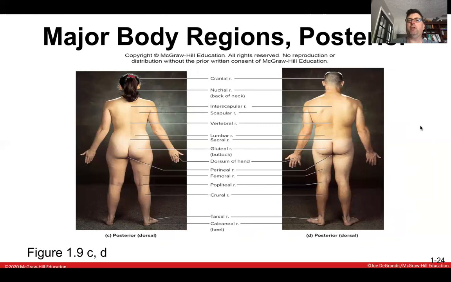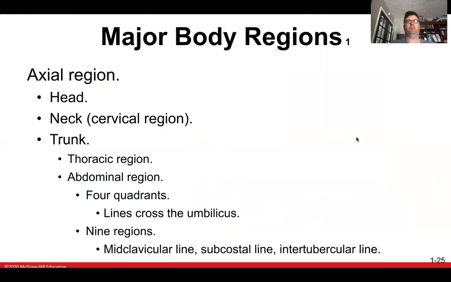And here are the posterior regions that I want you to be familiar with. So the major body regions include the head, the neck, the trunk.